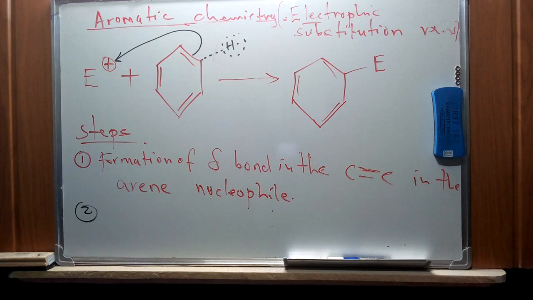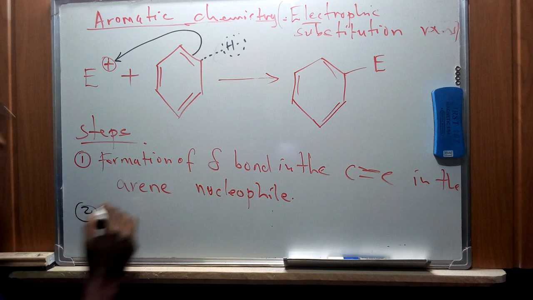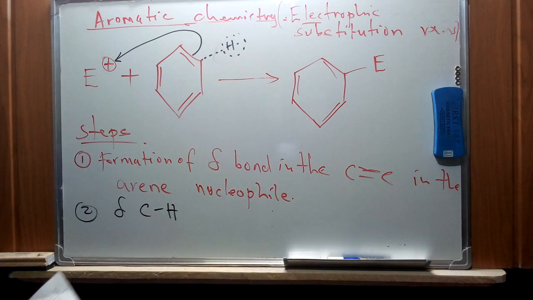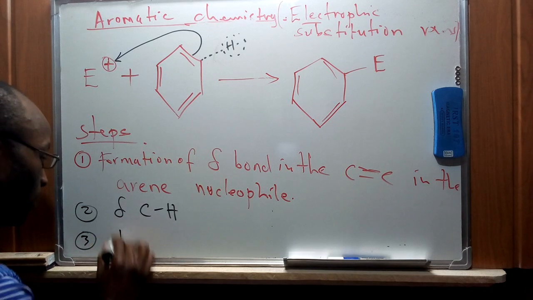And then the last step is that there's going to be a reformation. This implies the formation of a sigma bond, and the removal of the proton that is attached to the hydrogen. And then step number three is that there will be a reformation of the carbon-hydrogen.